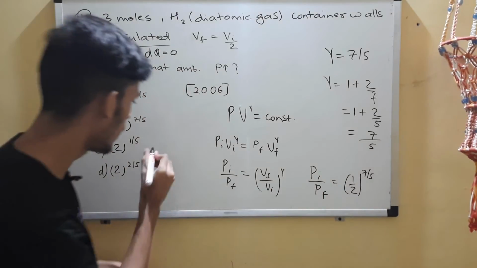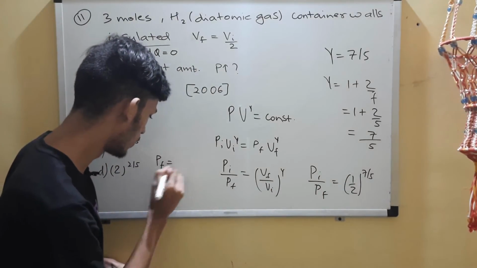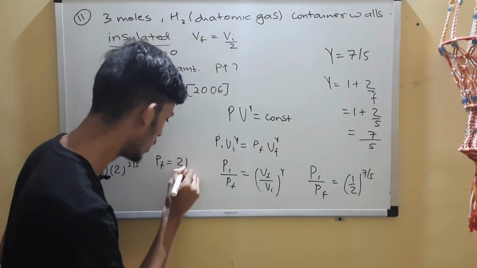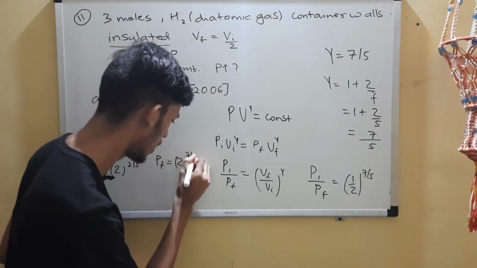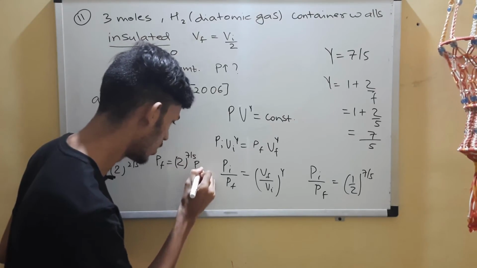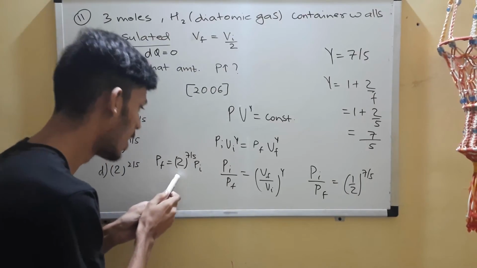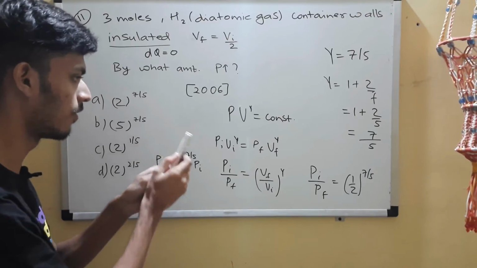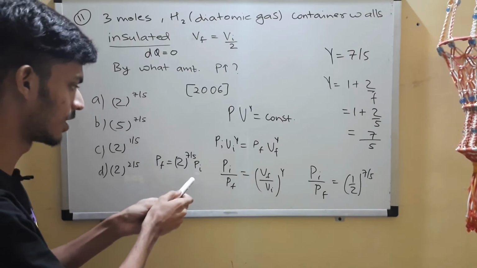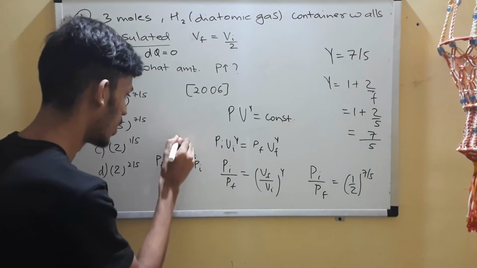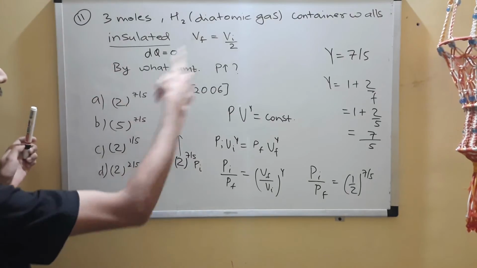So you can see that P final is 2 to the power 7 by 5 times the initial pressure. This was the thing you were asked for: by what amount does pressure increase?